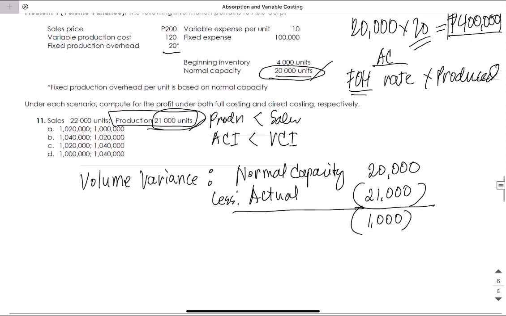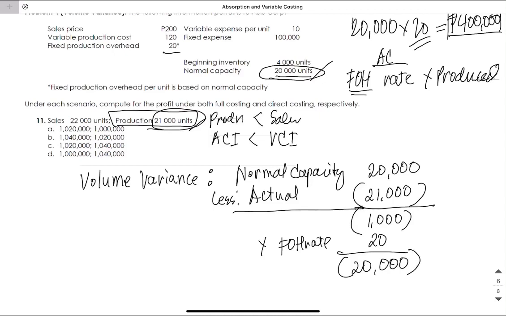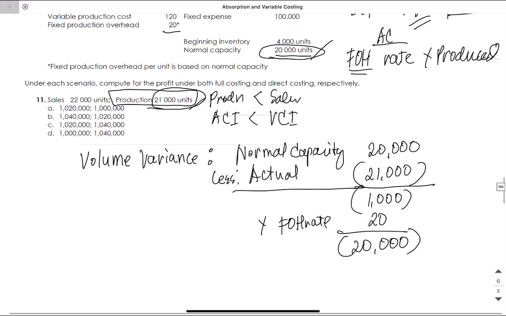Then multiply this by FOH rate. Our FOH rate is 20. So negative 20,000. This is your volume variance, and your volume variance is favorable. Why is it favorable? Because it is negative.